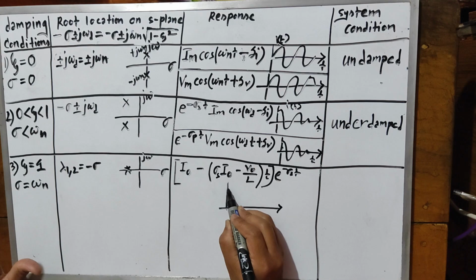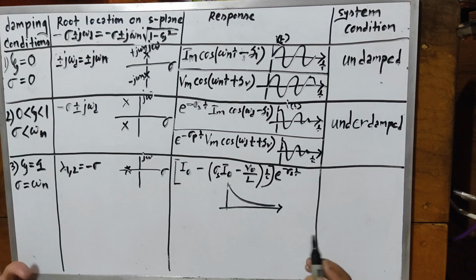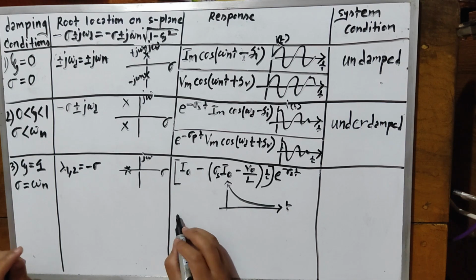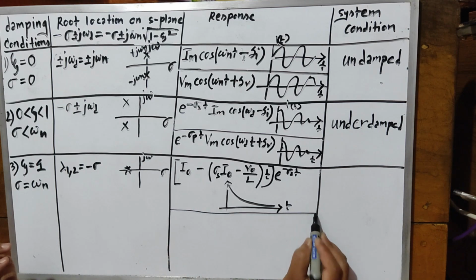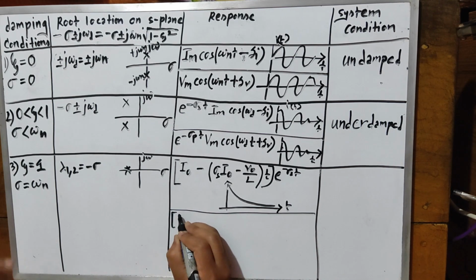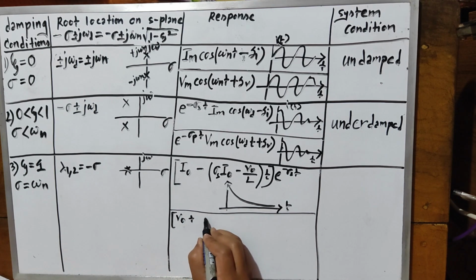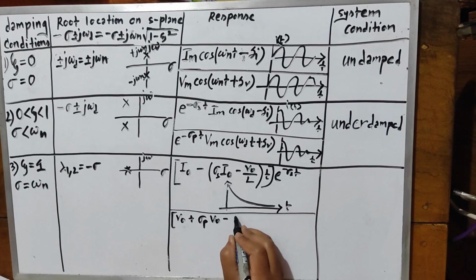The response will look like this for the current in time domain, and the equation for the voltage response is V0 plus sigma, V0 minus I0.